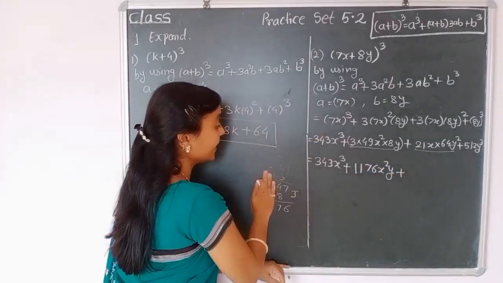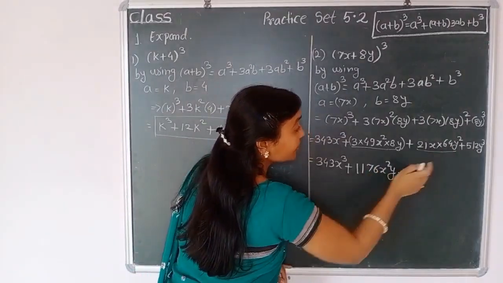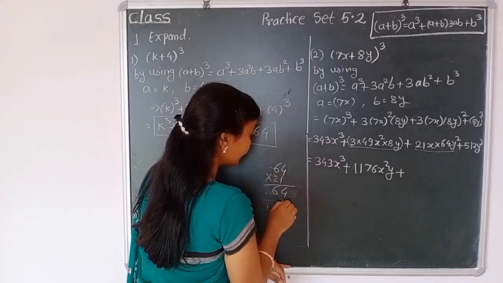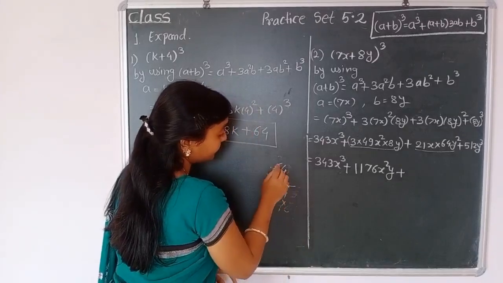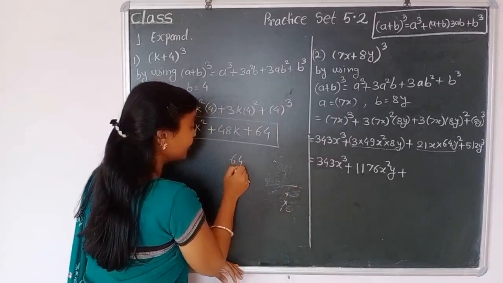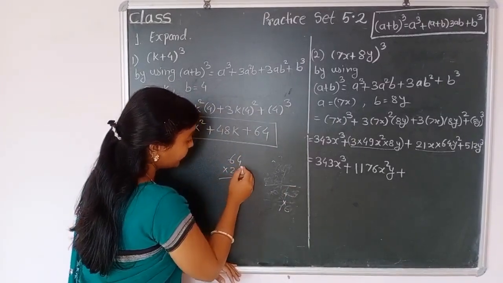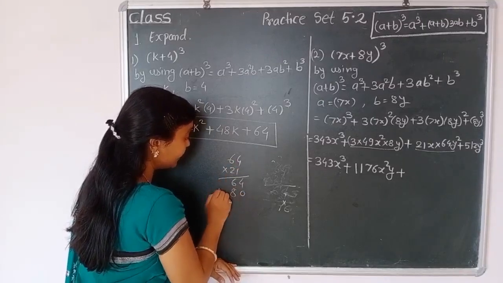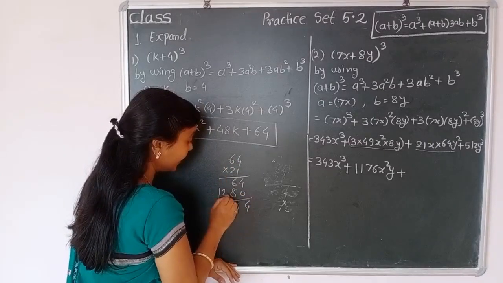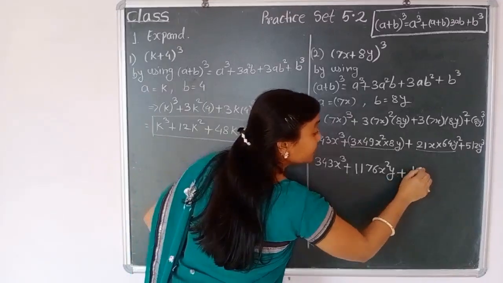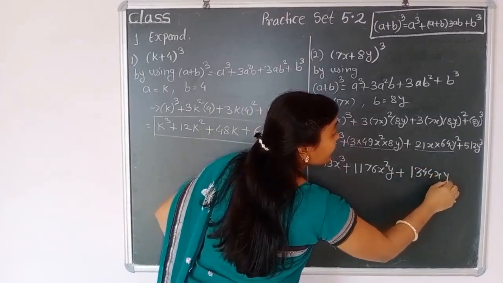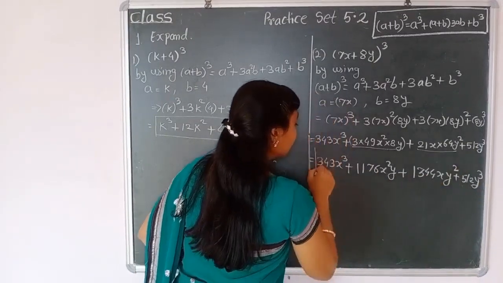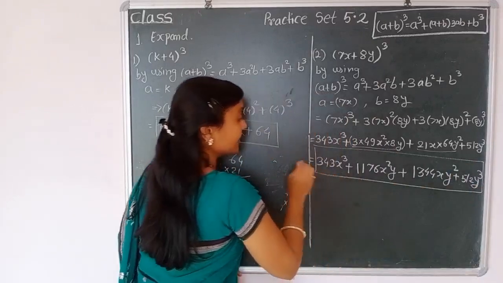Plus, then we solve 21 into 64: 64 into 21, 4 1 is 4, 6 1 is 6, 0, 4 2s are 8, 12, 14, so 1344 xy square plus 512y cube. This is the expansion of our example.